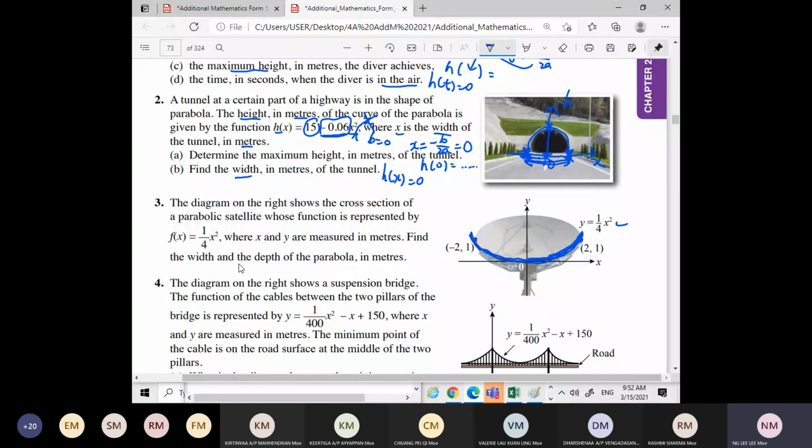Find the width. Find the width means find here. Find the depth means find here.